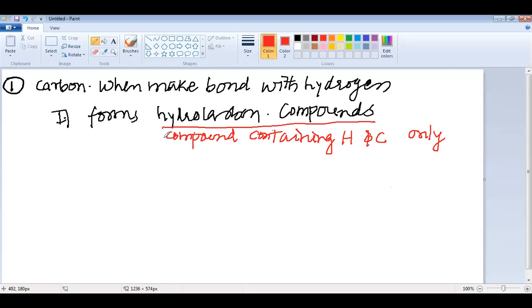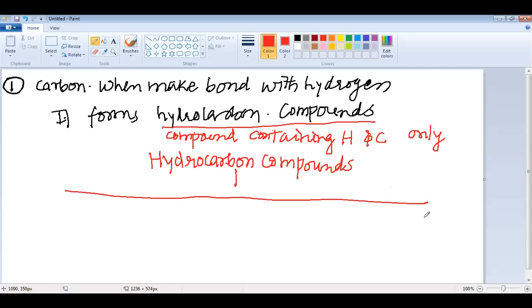These hydrocarbon compounds, my dear students, can again be classified into three various classes. Let us see these three classes of hydrocarbon compounds.